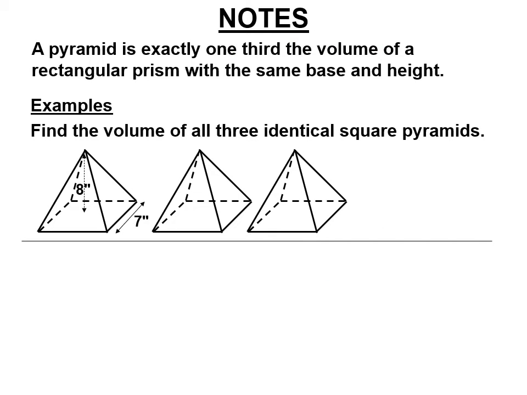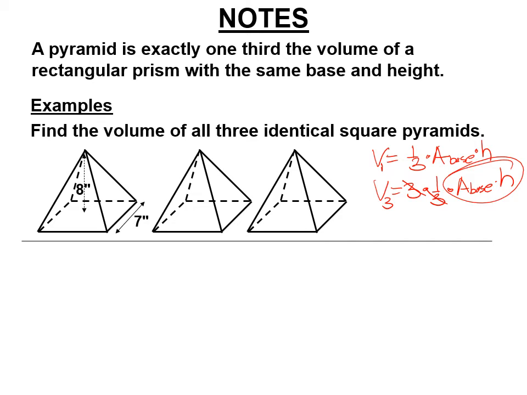Okay, so we're going to find the volume of all 3 of these. The volume of a pyramid is 1/3 times the area of the base times the height. If you have to find the volume of 3 of them, it would be 3 times 1/3 times the area of the base times the height. Those would just cancel, so it ends up being the area of the base times the height for all three.